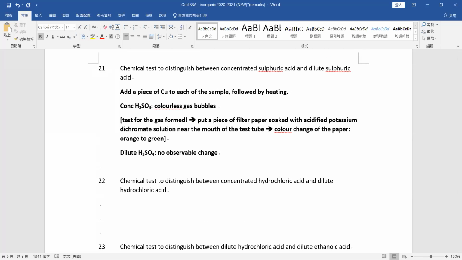Directly put this piece of paper into the acid without using copper. Simply putting a piece of paper can already solve it. Why? Not dichromate, just put a piece of paper. Bleaching agent? Bleaching? This time, Chan Wai-ho, it acts as a dehydrating agent.